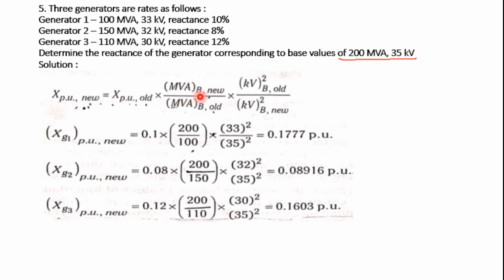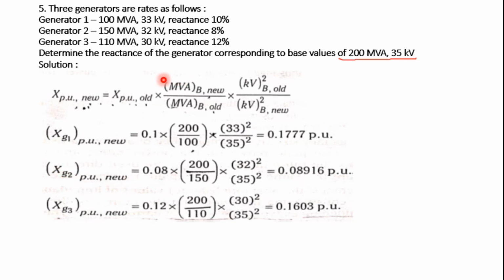The MVA base new value is 200, and the old value is 100 MVA, into kV base squared: the old value is 33 and the new value is 35. So 33 divided by 35, squared, because voltage is multiplied by the square of the value. You will get 0.1777 per unit value.